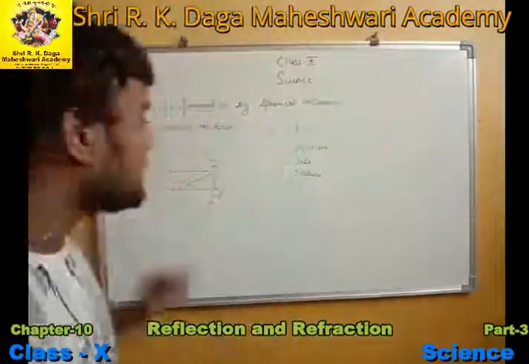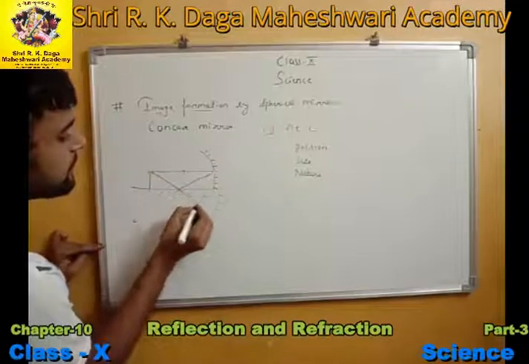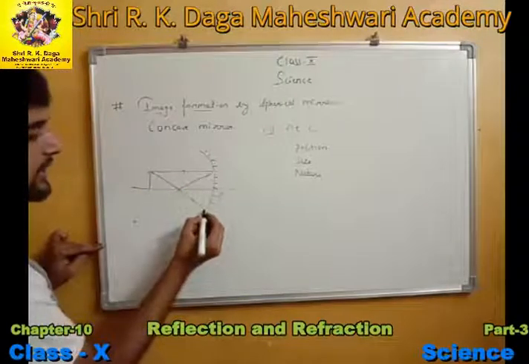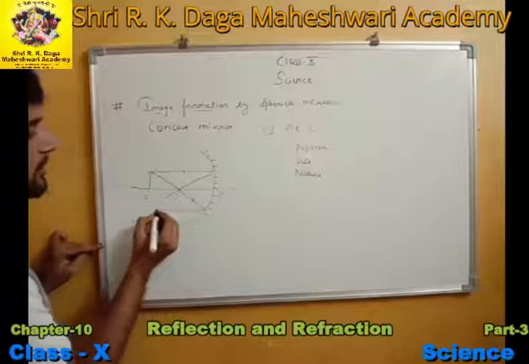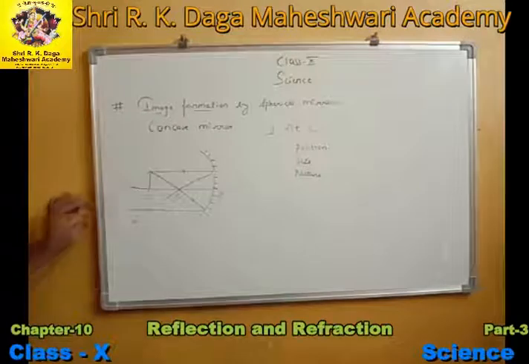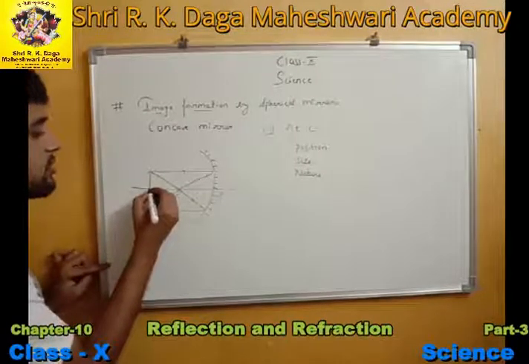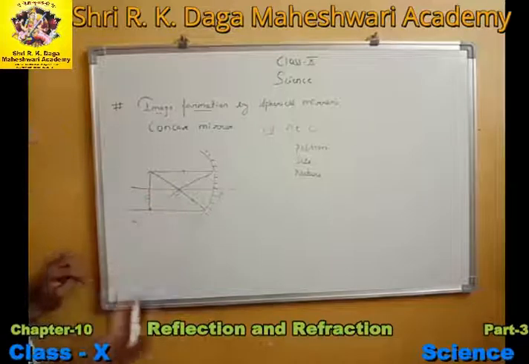Now another ray will be incident through the focus. After reflection it will pass parallel to the principal axis, and here at this point the two reflected rays meet each other, and so we get our image at this point.